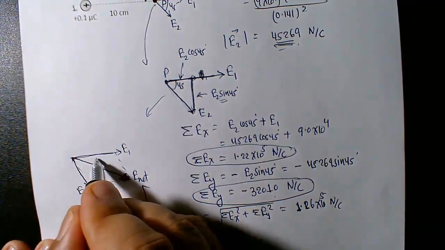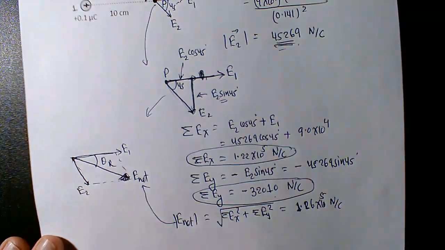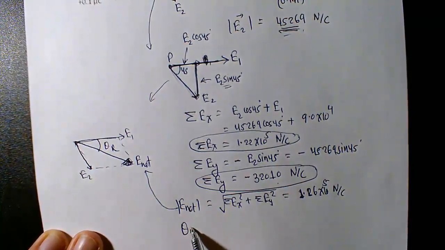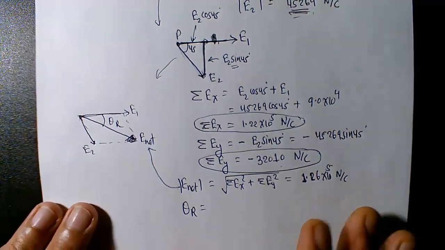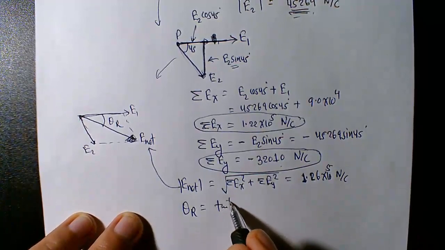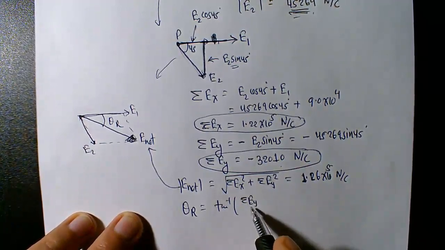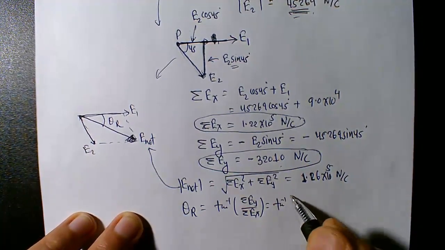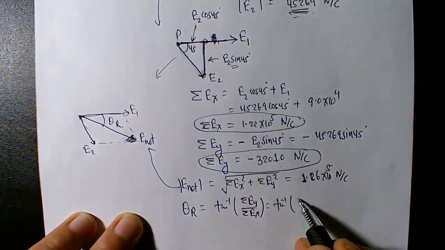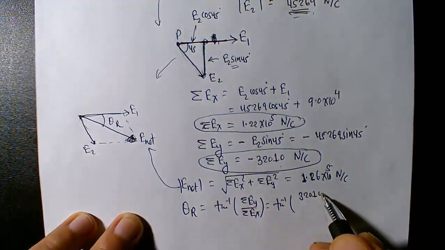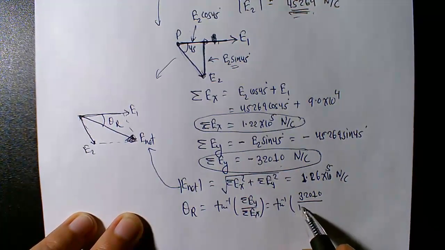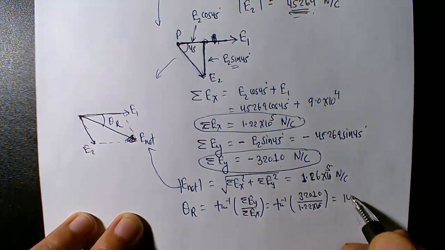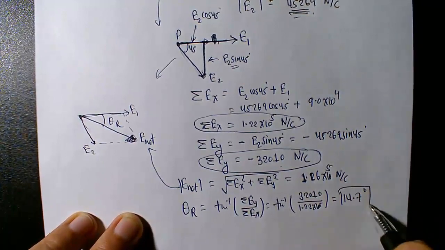But what's the direction? We need to figure out the angle made by the net electric field with the x-axis. Theta r is the angle made by the net electric field with the x-axis, which will be inverse tan of the y component, remember, always y component divided by x component. So 32,010 divided by the x component, 1.22 times 10 to the power fifth, and if you do that, it's going to be 14.7 degrees.